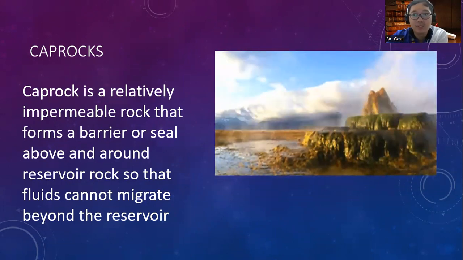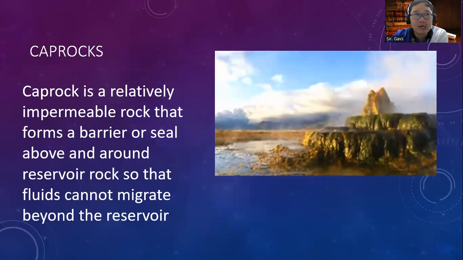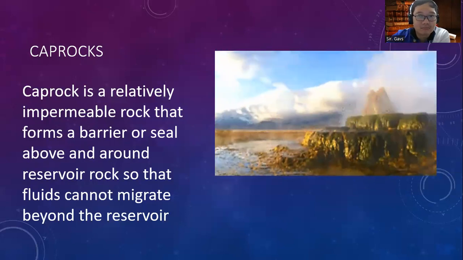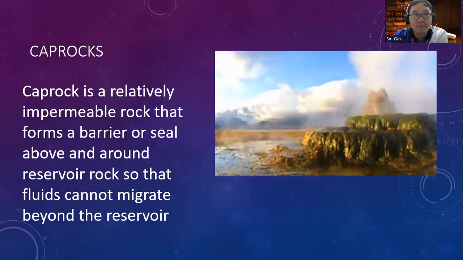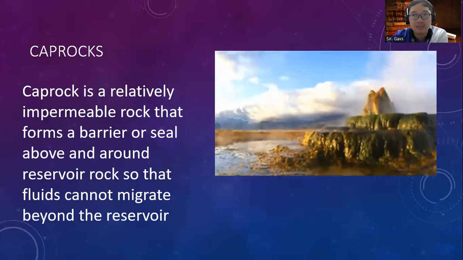Therefore, the cap rock is an impermeable rock that seals the reservoir, or it is the reason why the fossil fuel stays in the ground, because of the cap rock above the reservoir.